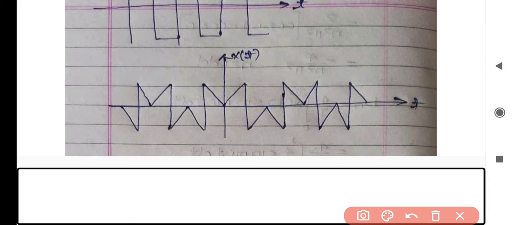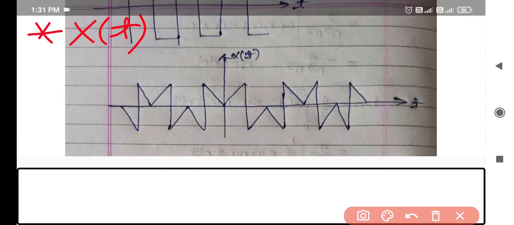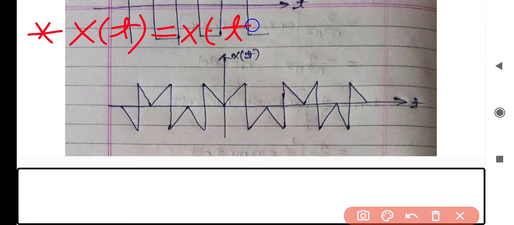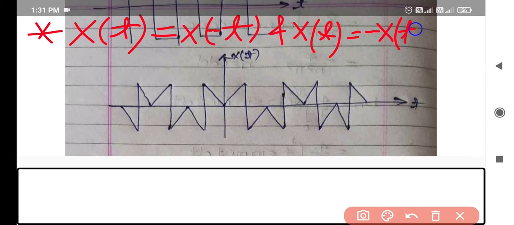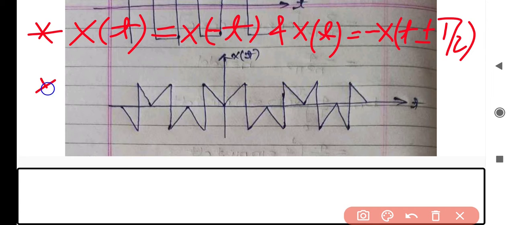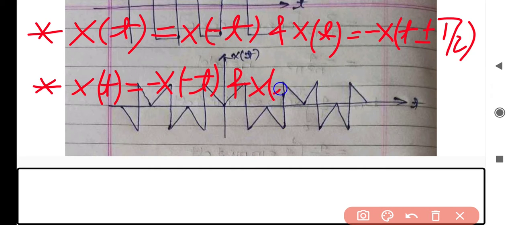Now it means that two conditions arise. If the signal is quarter wave symmetric, then either it will follow the condition x(t) is equal to x(minus t) and x(t) is equal to minus x(t plus or minus T/2), or it will follow x(t) is equal to minus x(minus t) and x(t) is equal to minus x(t plus or minus T/2).